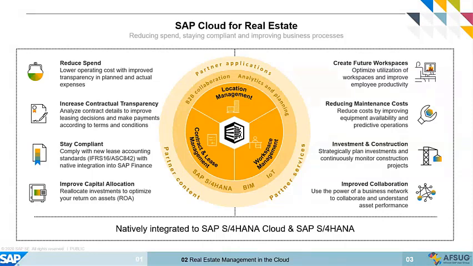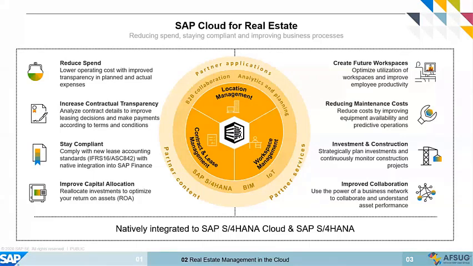Just in general, it makes the workplace cheaper, more interactive, and provides you with more transparency, which makes it smarter. Okay, so the three main components of SAP Cloud for Real Estate that we are going to cover today are location management, workspace management, and contract and lease management.